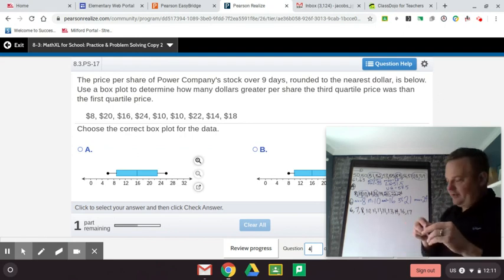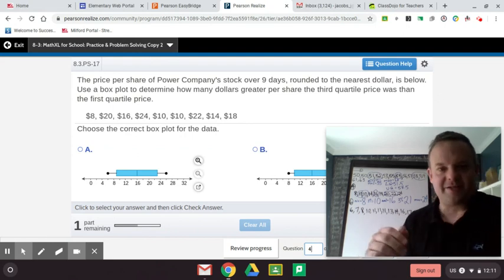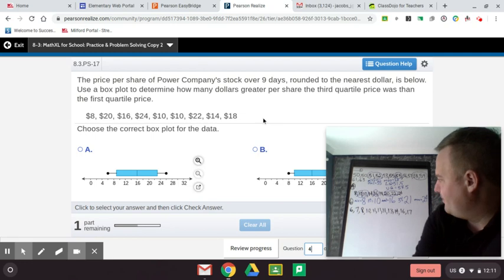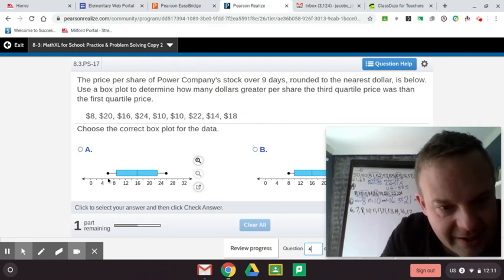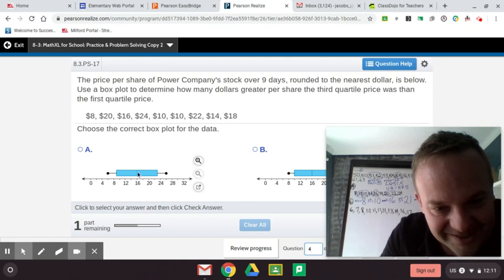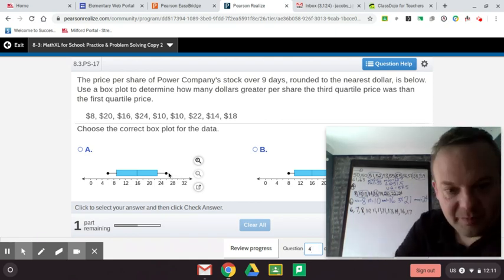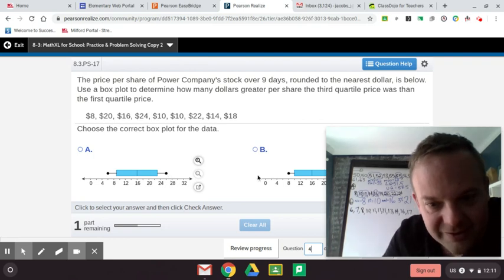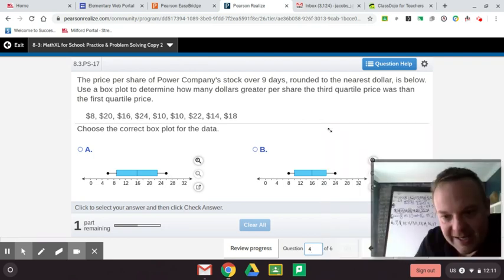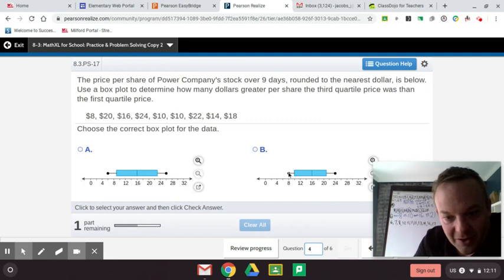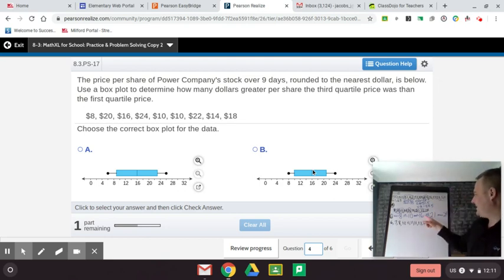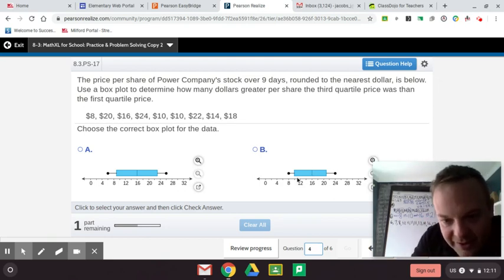All right, now let's see which ones fit. I kind of like doing this because you could use process of elimination. The minimum is 8. This minimum says 6, guys, so no, not A. And this maximum should be 24. Nope, so we know it's not A. Let's see here. Oh, 8, that works. And then the maximum 24, that works. Wait, the middle is 16. Oh, that works.